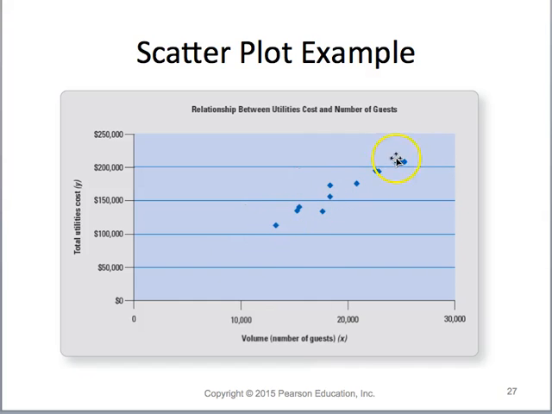Every time you have a value for the volume, you get a total cost, and you just put those numbers into this graph, and you find out this is a trend. The more the volume, the higher the cost. So this will be total utility cost. So utility cost increases as the volume increases.